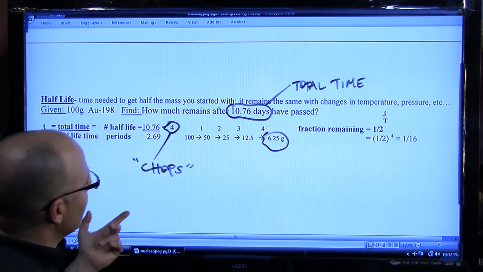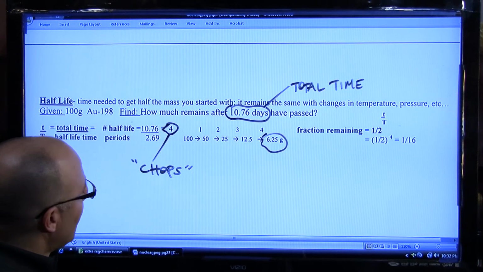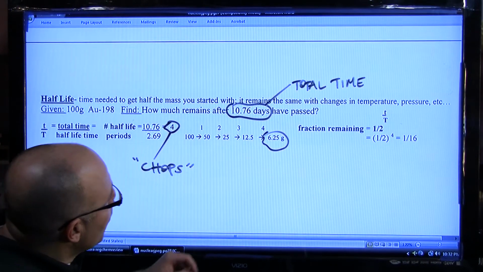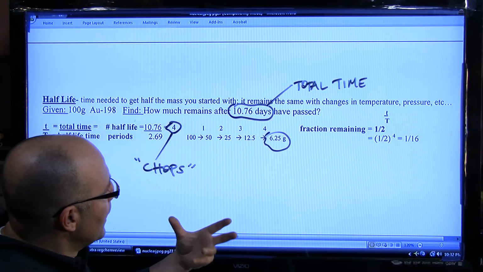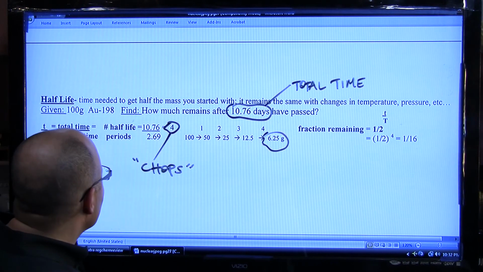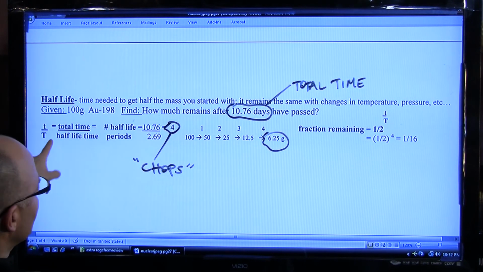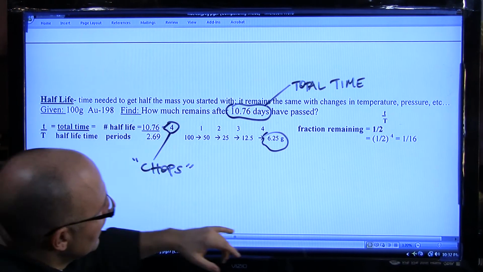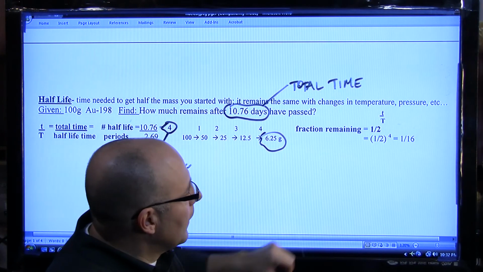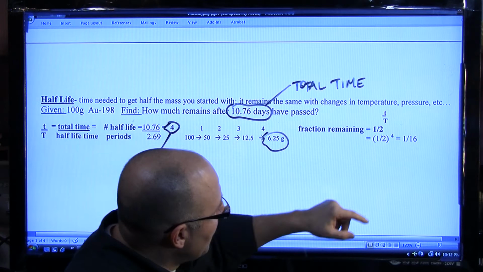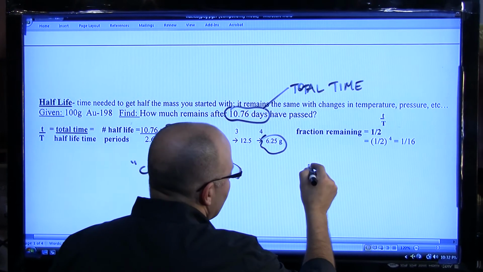Now in the second kind of problem related to half-life, you might be asked, instead of how much remains, what is your fraction remaining? In that case, it would be the same T over T, which gave you 4 here, but it would be 1/2 to the T over T. And 1/2 to the 4th power is 1/16. Let me remind you how that works.